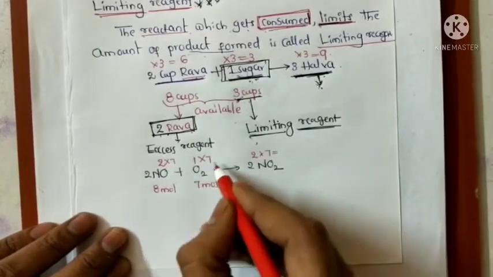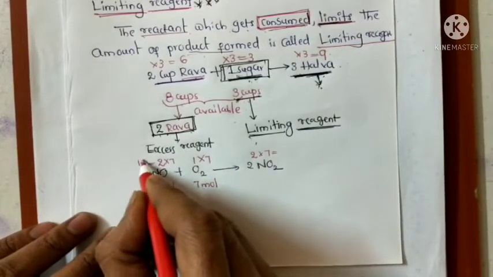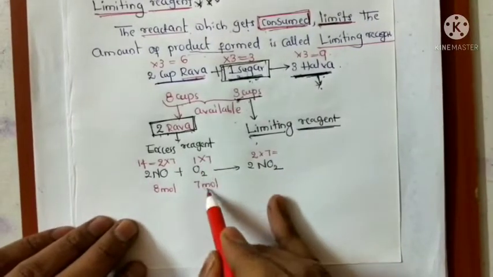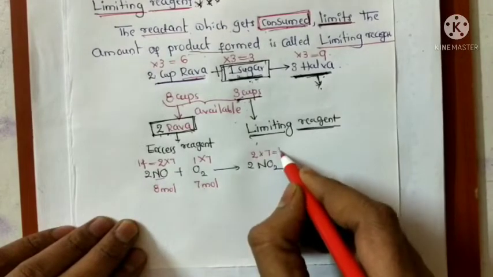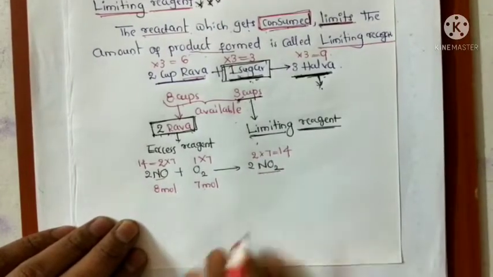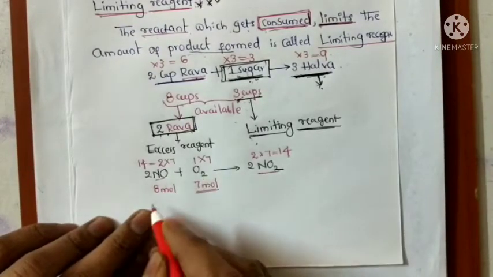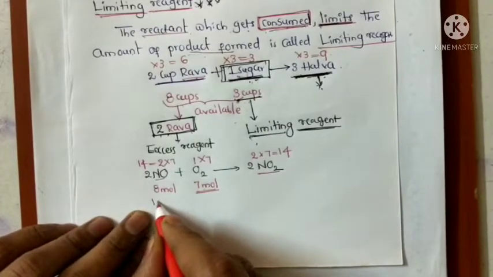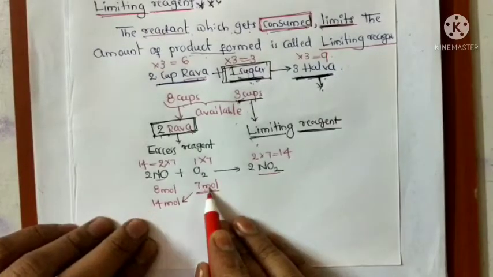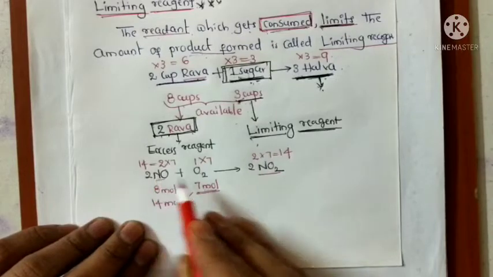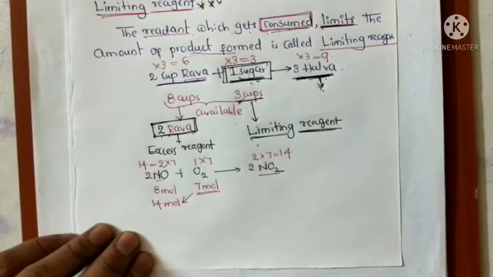So how much? 7 moles of oxygen reacts with 14 moles of nitrogen monoxide to form 14 moles of nitrogen dioxide.